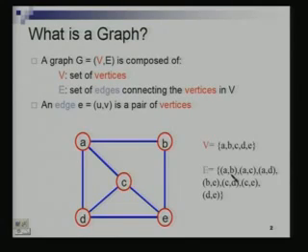A comma B is the same as B comma A. All that specifies is it is an edge between vertices A and B. So A comma B, A comma C is this edge, A comma D is this edge, B comma E is this, C comma D is that, C comma E is this, and D comma E is this. So there are 1, 2, 3, 4, 5, 6, 7 edges, and there are the 7 pairs mentioned here. Clear? So, a set of vertices and a set of edges.